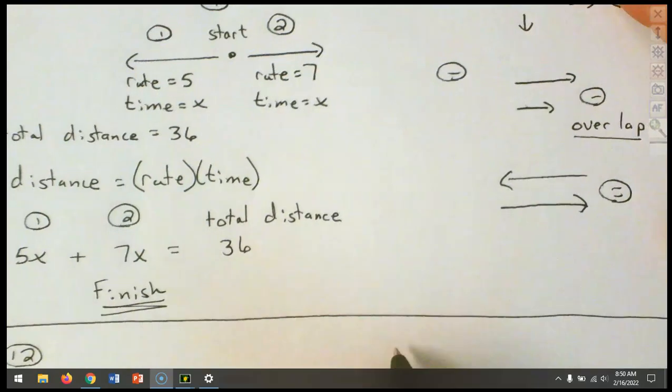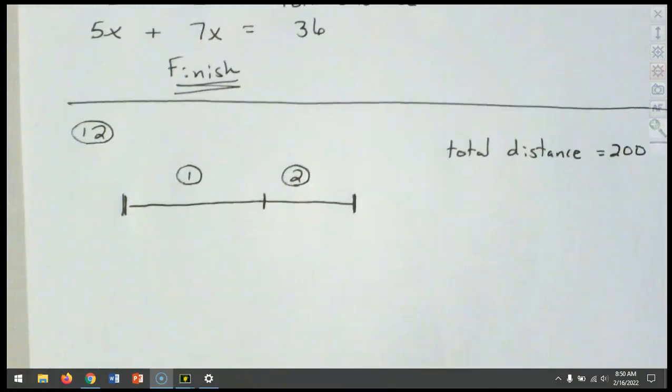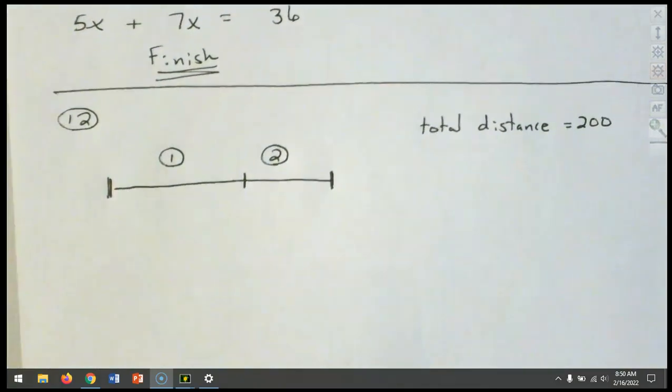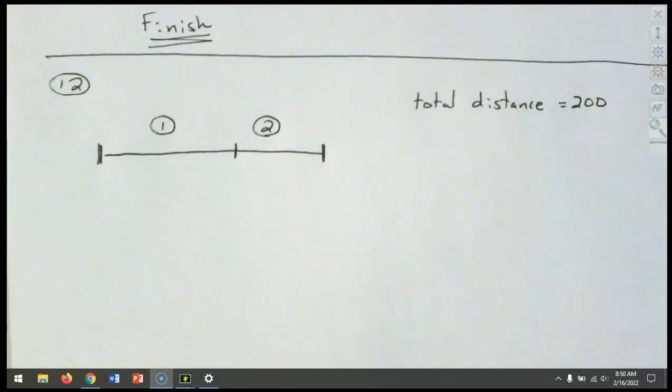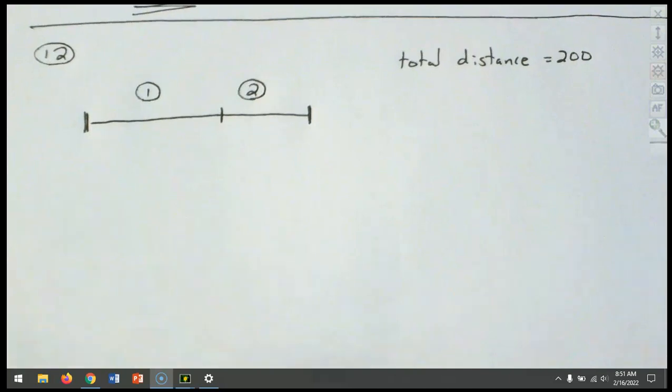So that's my total distance. So my total distance here is going to be 200. So we'll deal with that here in a few minutes, but distance is usually the last thing that we work with. So we've got our trip broken up into two parts. We know our total distance is 200.